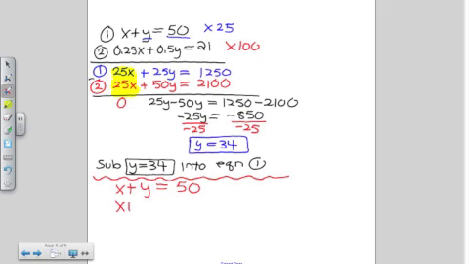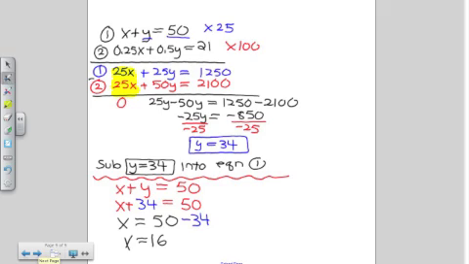I know that my y term is equal to 34. I'm going to substitute that into the equation. And now I'm going to isolate for x and move everything else over to the other side. That includes the negative. The positive 34 now turns into negative 34. So x is going to be equal to 16.